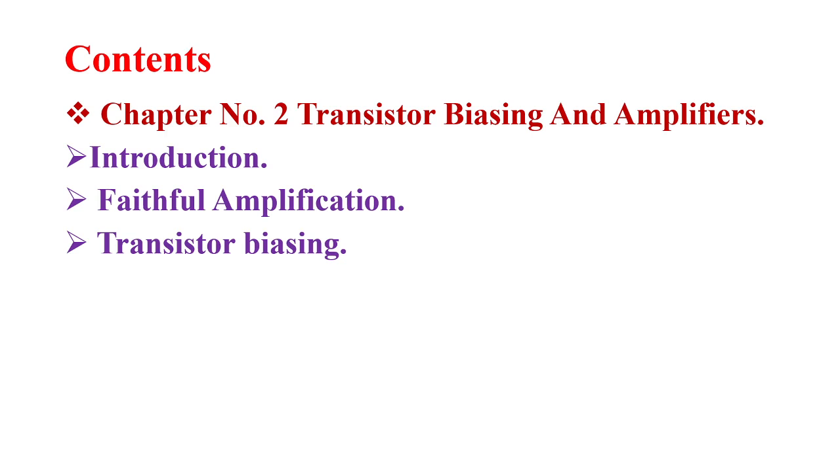The invention of the BJT, bipolar junction transistor, began the era of solid state circuits. The original transistor was a point contact transistor. The advantages of this solid state device over the tube were obvious.